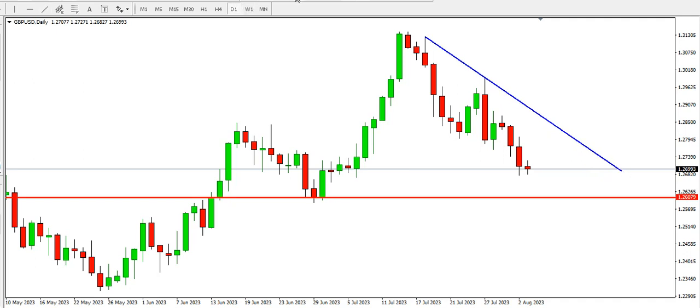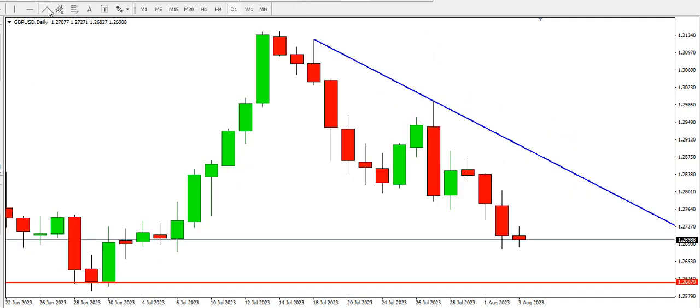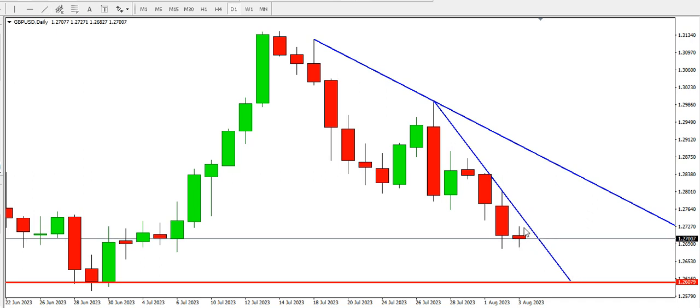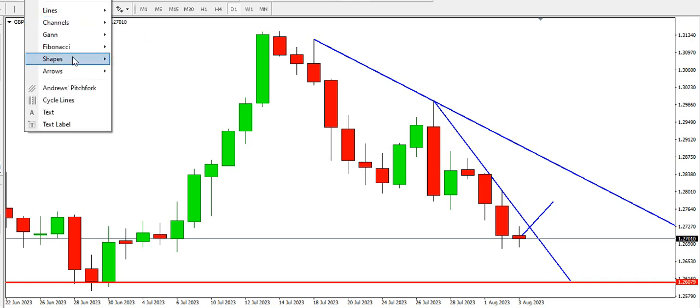On the daily time frame, we also have another descending trend line in place around here. If price breaks above this particular trend line, we have this other block that is already established.